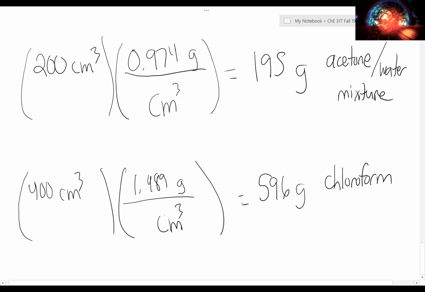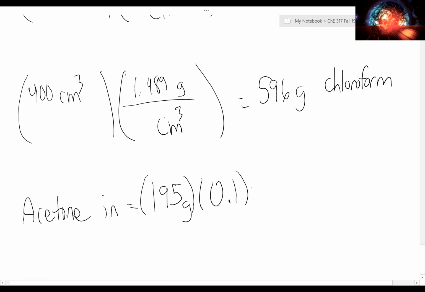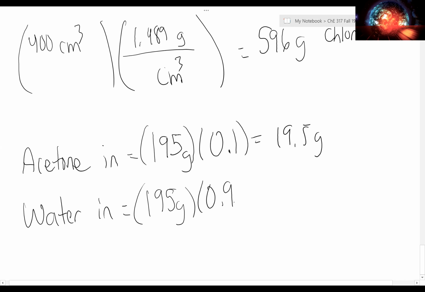And so from this, I know my acetone in is 195 grams times 0.1, because it's 10 weight percent, or 19.5 grams. My water in is 195 times 0.9, which is 175.5.